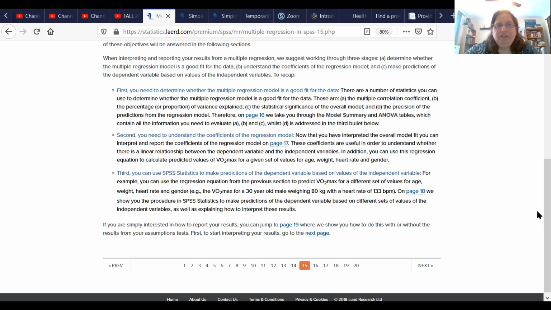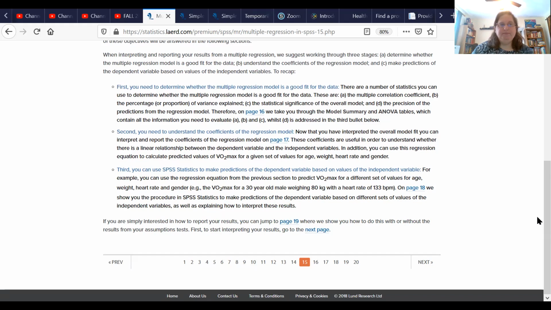And then we're going to understand the coefficients. We're going to see what is significantly or not significantly contributing to the model and how much. And then we can make predictions of the dependent variable based on the values of the independent variable. Now, this is where I promised I would show you how you can do this using SPSS. We'll also look at it one more time by hand.